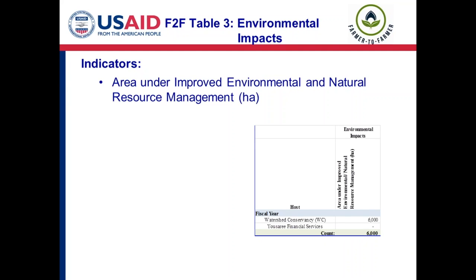which is especially important because with our environmental indicator, you guys, we only have one. So if it gets conflated or confused with the land area indicator for economic impacts, we really miss out on anything we're doing in environmental and natural resource management.